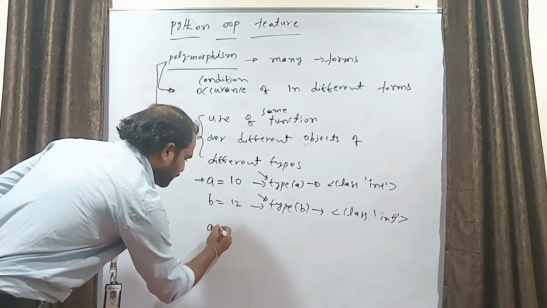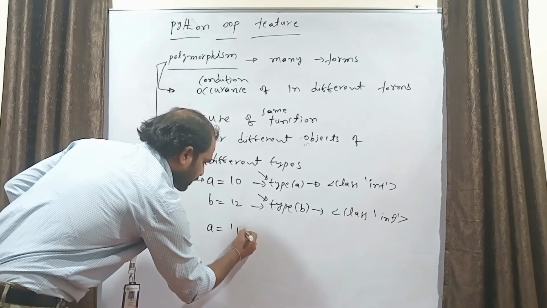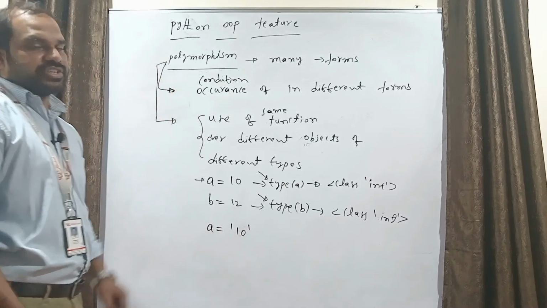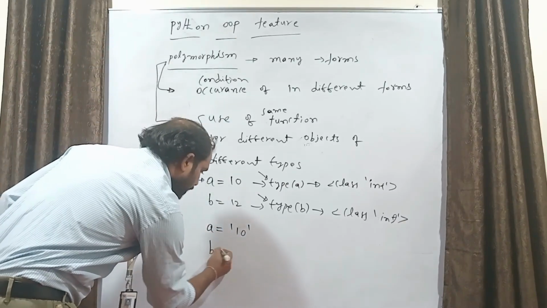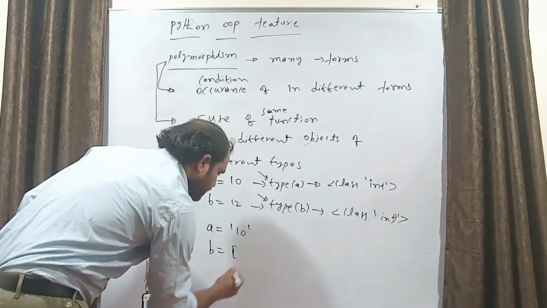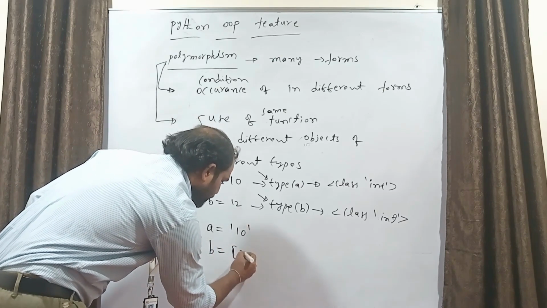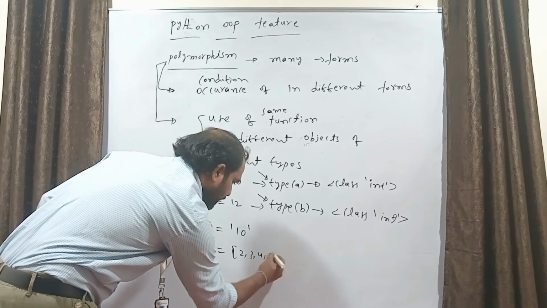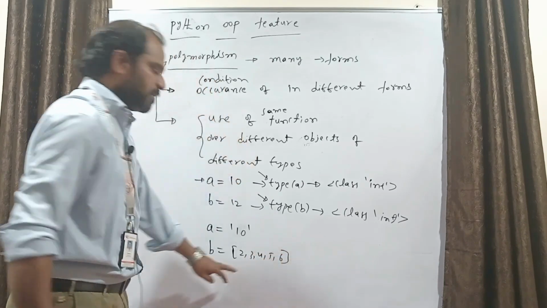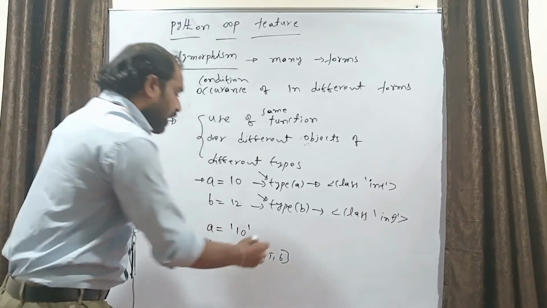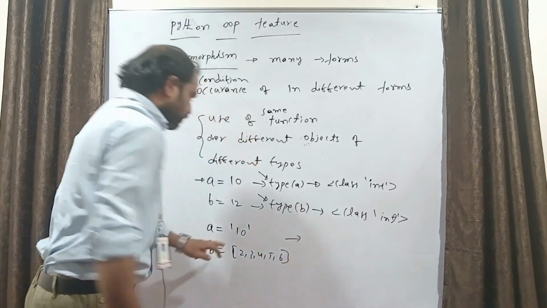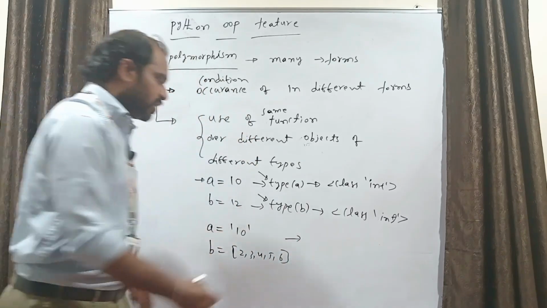For example, if I store string data in a, and I store a list in b, with some elements like 2, 3, 4, 5, 6. Now I can use the type function over a, and the type function over b.